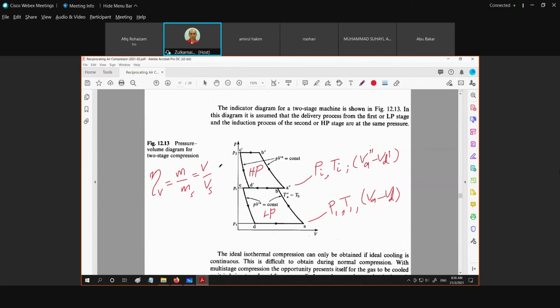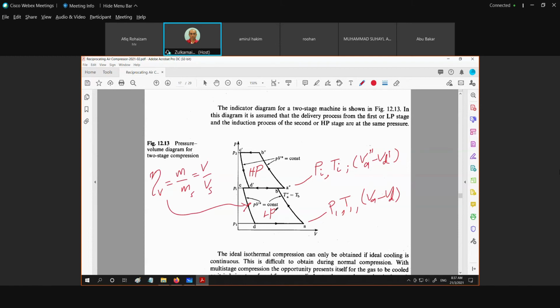V kita punya free air delivery, iaitu kita ukur pada P and T. That is our V. Berapa banyak udara yang masuk dalam kompresor, ukur pada keadaan free air, which is P and T. Jadi dalam kes ini, kita akan dapati bahawa this definition of volumetric efficiency can be only applied to the low pressure compressor.